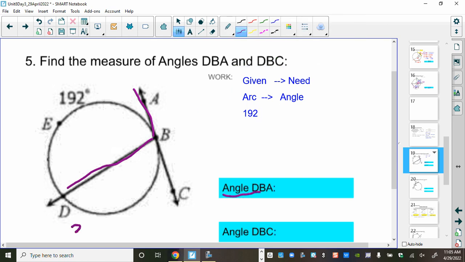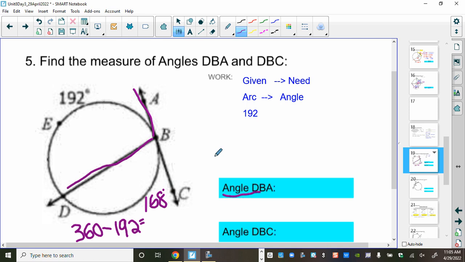See, that's thinking. 360 minus 192. That is very good thinking. What do we get? 168. Okay, 168. Catherine just demonstrated super good thinking.